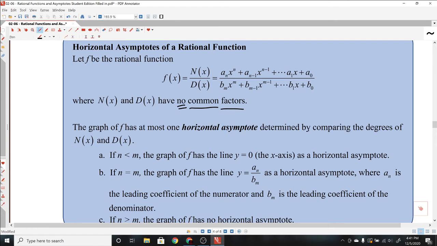And then we want to focus on the degrees of the numerator and the denominator. So n is going to be the degree of the numerator, and m is the degree of the denominator.